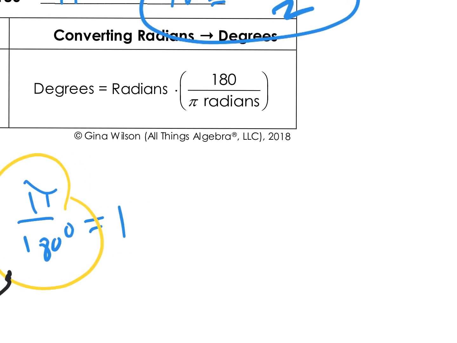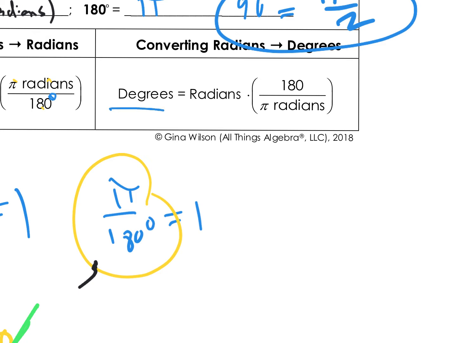So now, if I want degrees, all I have is radians. For instance, I'm going to make this up for you. I'm going to go 3 pi over 2. And since there's no symbol, it's radians. But I want to convert that to degrees. So what I need to do is put the degrees, 180, over pi at the top.